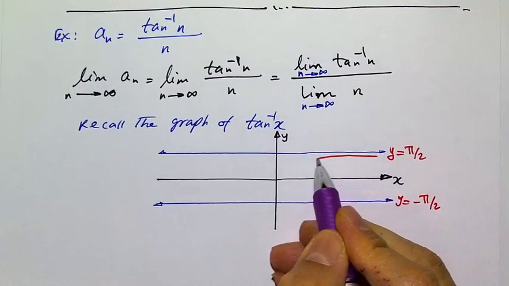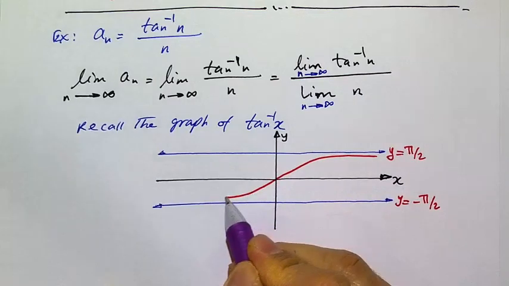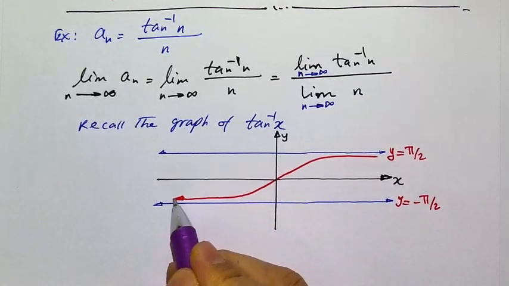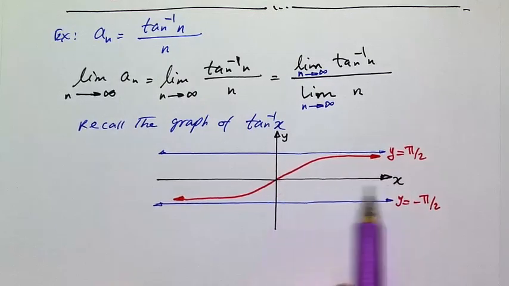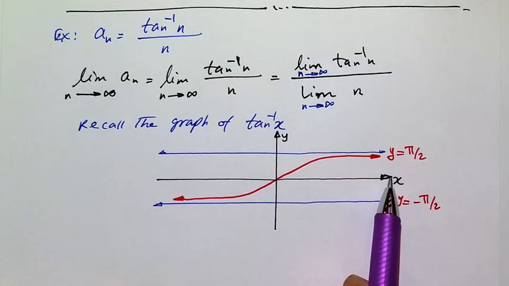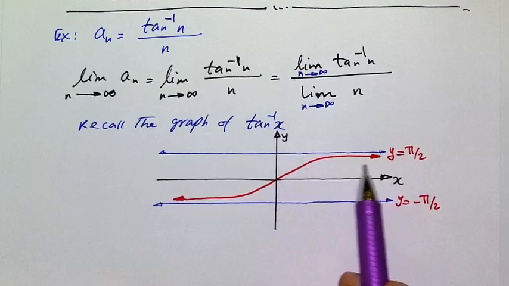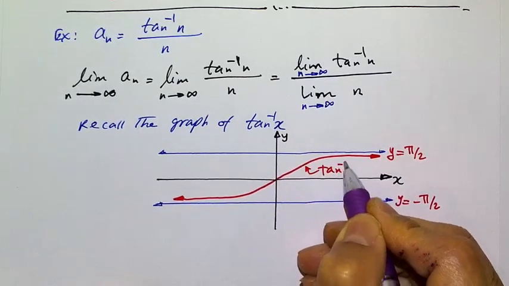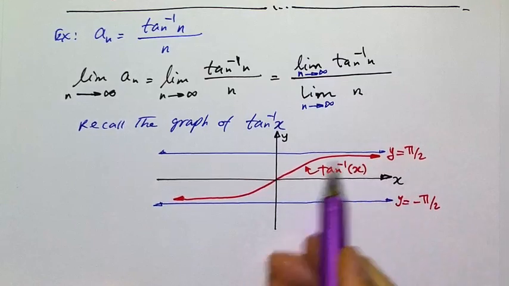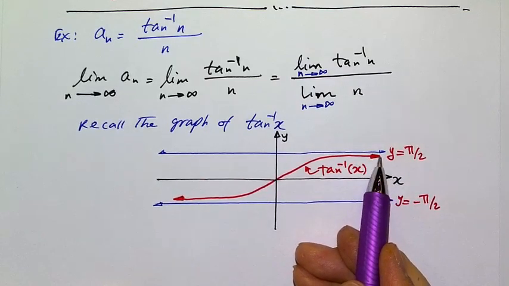Like that, right? So as x approaches infinity, the value of the inverse tangent, so this is the inverse tangent of x, approaches pi over 2.